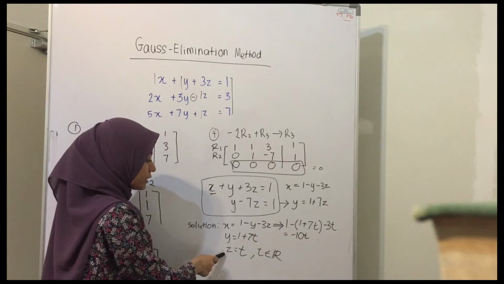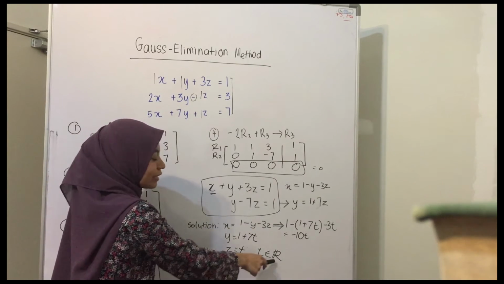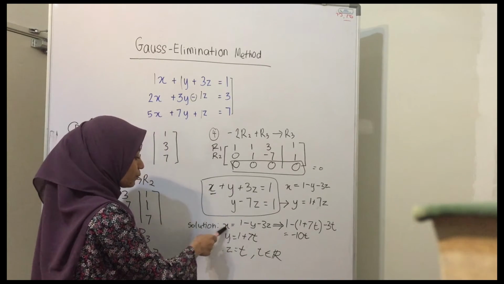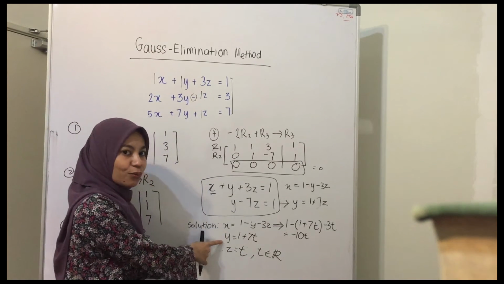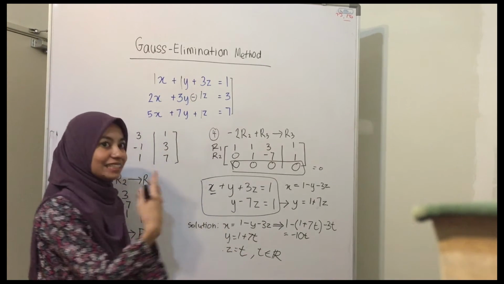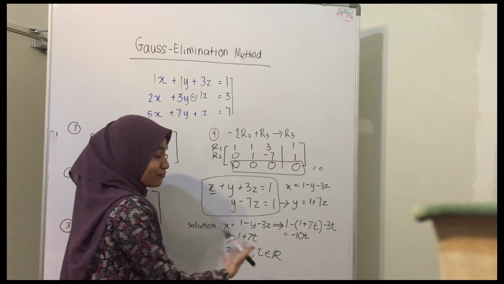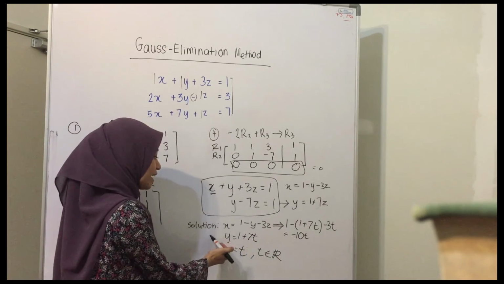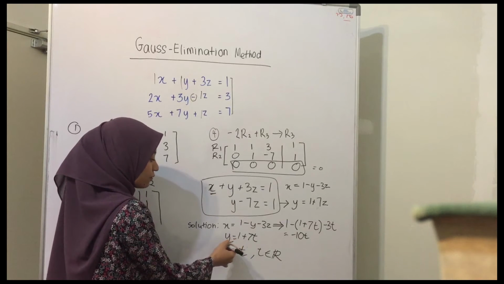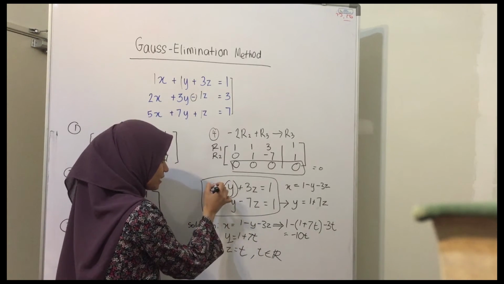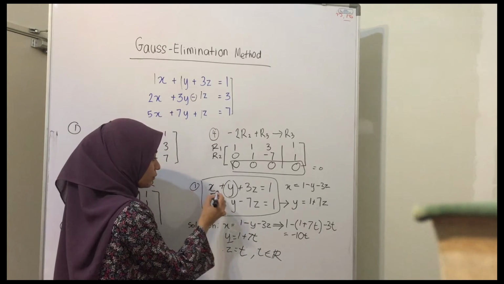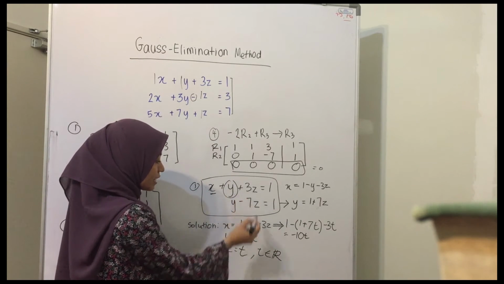So we can conclude that z is any real number here. If z is any real number, we can get the value of y. And after we get the value of y, we can substitute it in the first equation, which is x plus y plus 3z.